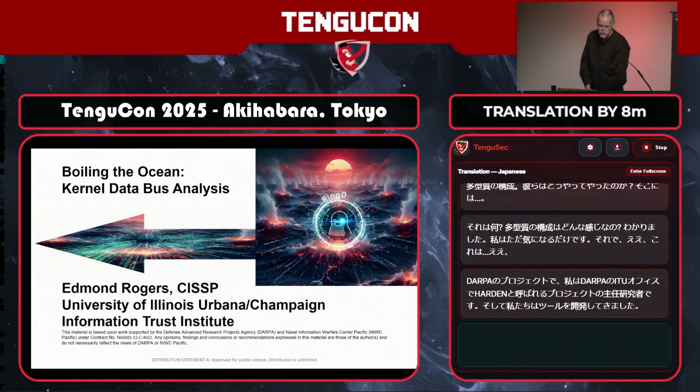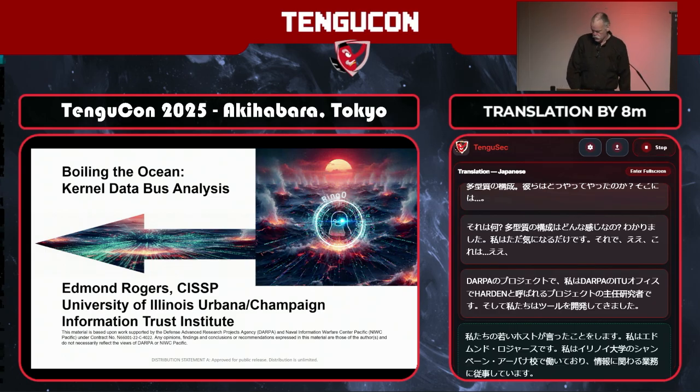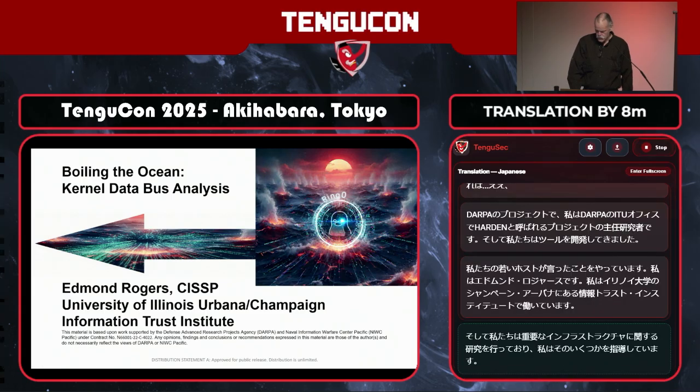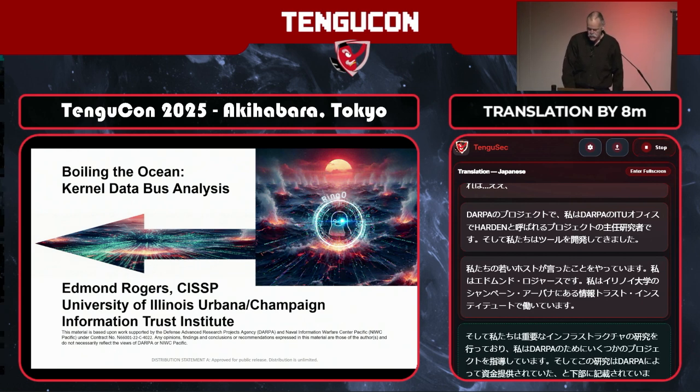I work at the University of Illinois, Champaign-Urbana, at the Information Trust Institute. We do research in critical infrastructure, and I lead a few projects for DARPA. This research was funded by DARPA, as it says in the words down at the bottom. This is foundational research, and I'll talk about this later.